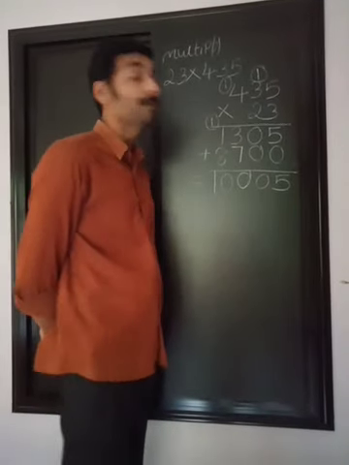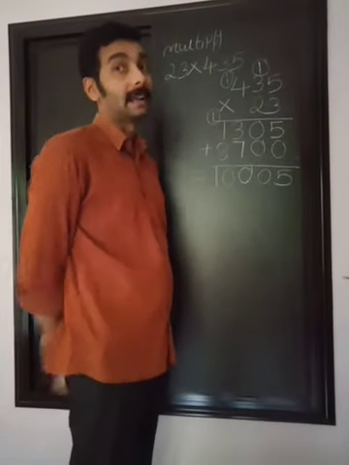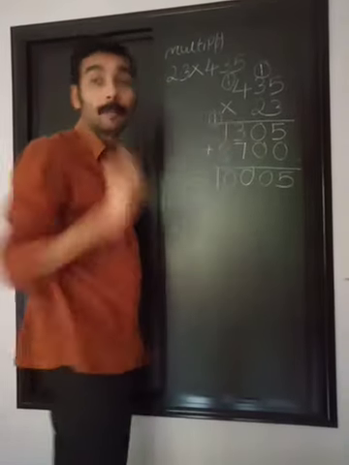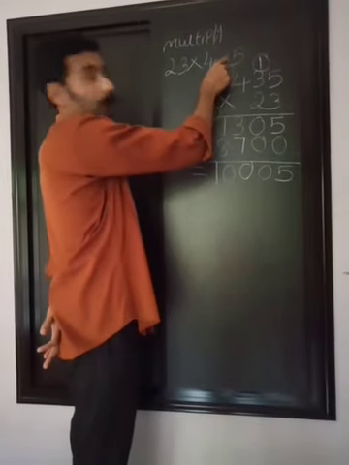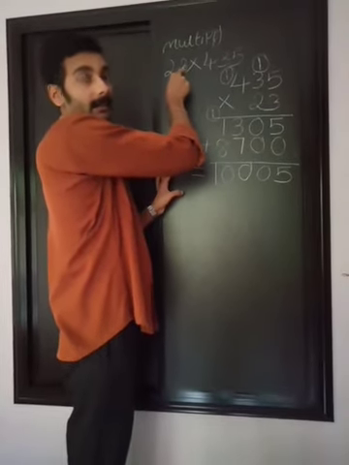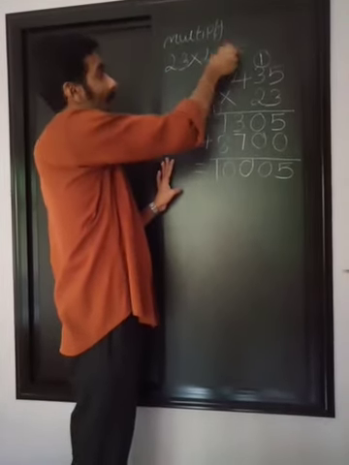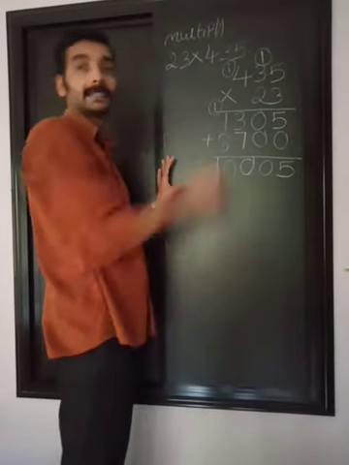In the case of multiplication of 2 decimals or 3 decimals, we count how many places of decimals there are. This number has 2 places of decimal and the other has 1. Total 2 plus 1, 3.